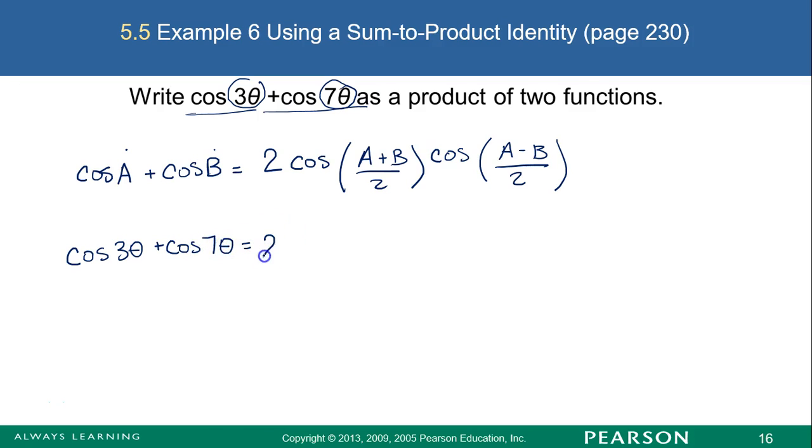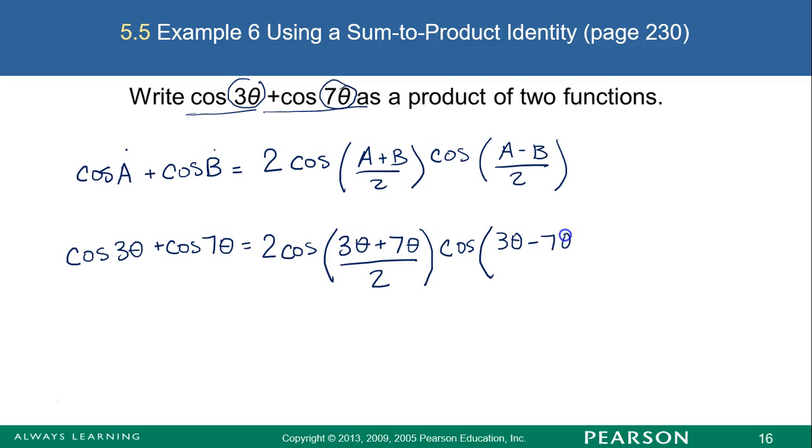And then say 2 cosine of 3 theta plus 7 theta over 2 times cosine of 3 theta minus 7 theta over 2.